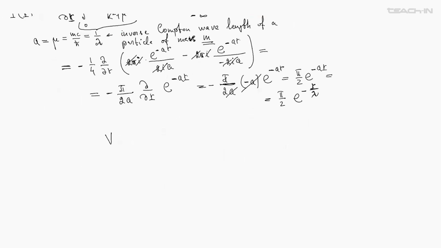Potential between two static sources mediated by the scalar field phi is given by minus 1 over 4 pi q squared h bar c divided by r exponential minus r divided by lambda.